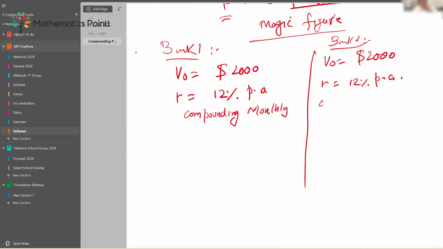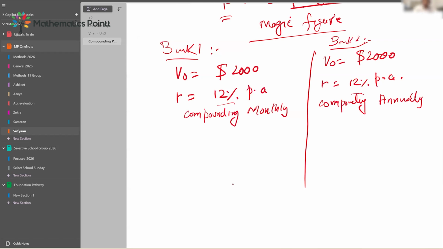Whereas the other bank says compounding annually. At the face of it, it's 12%. Doesn't really matter. 12% is 12%. The deal looks absolutely equal for both scenarios.